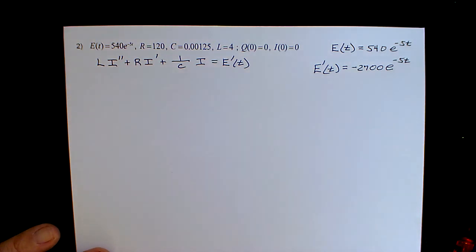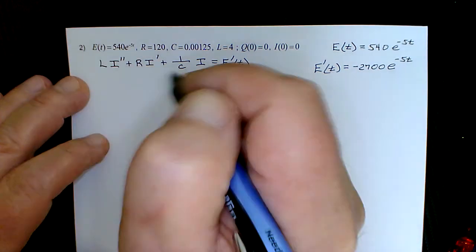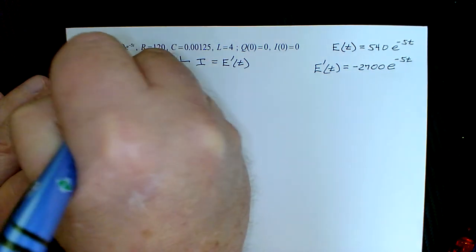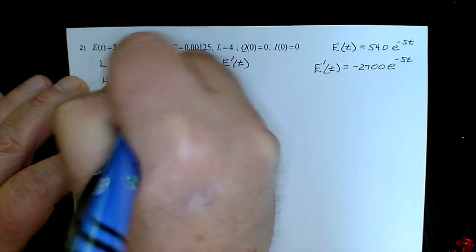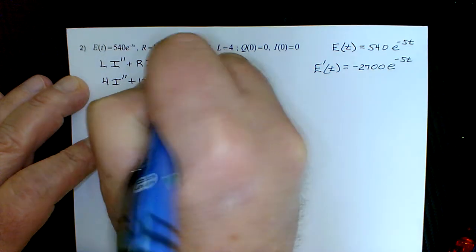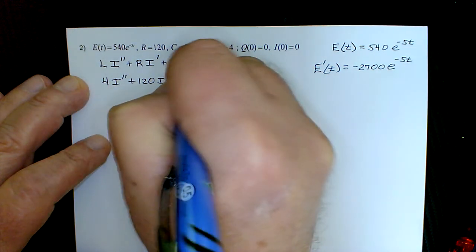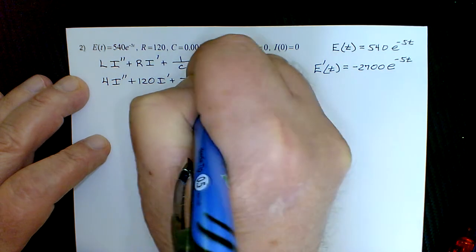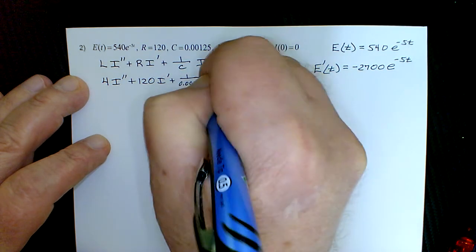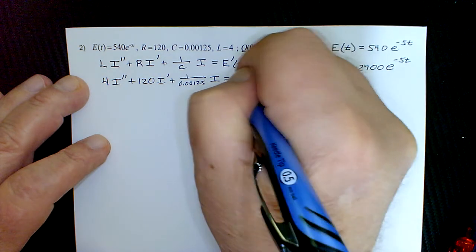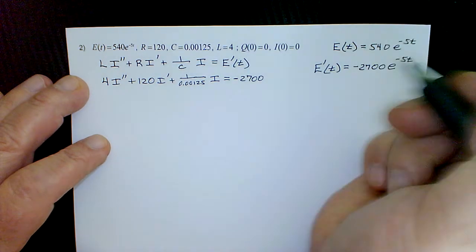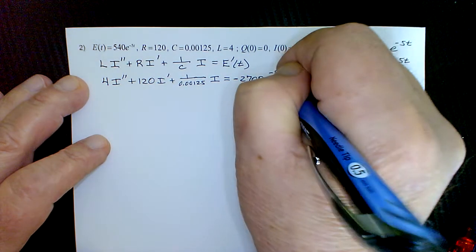Okay, so now we're ready for substitutions. So L is 4, so 4 I double prime plus R, 120 I prime, plus 1 over C, 0.00125 times I equals E prime of t. So again, that's the negative 2700 e to the negative 5t.